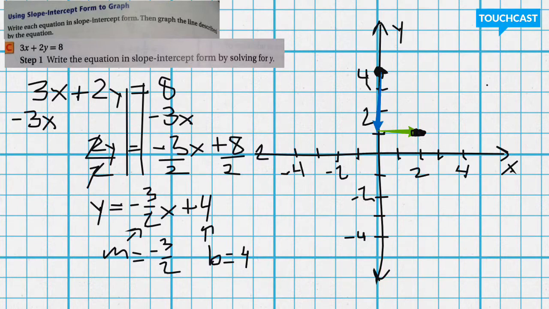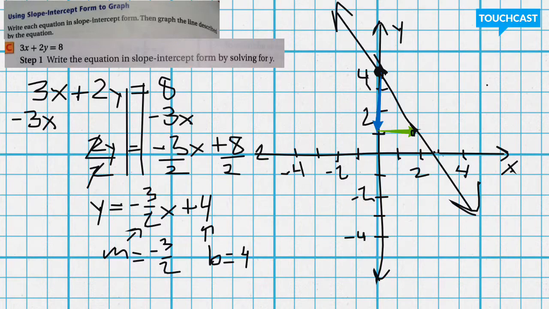And now we can connect those dots. Ooh, that's not very straight. Let me draw that line. There we go, that's better. Put arrows on both ends of the graph. And now we finished example 3C.